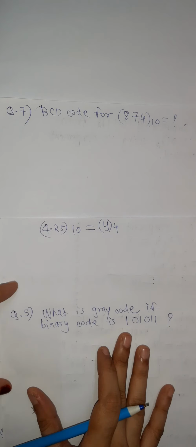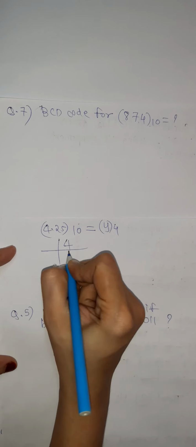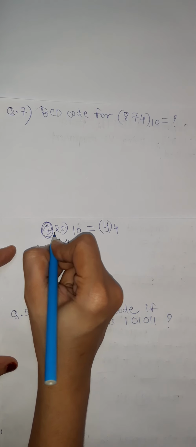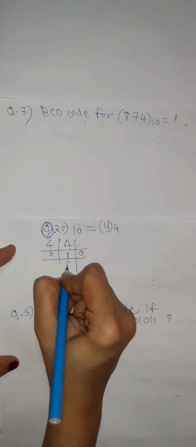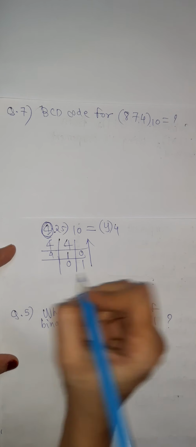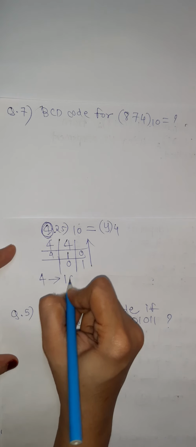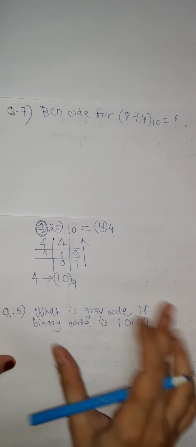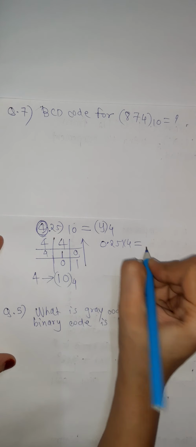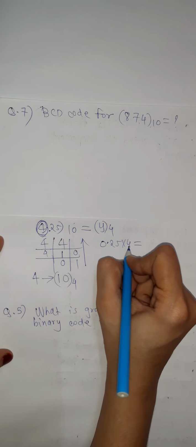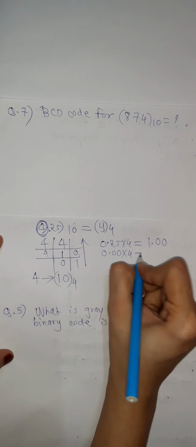To convert it into base 4, we will divide the whole number part by 4. 4 ones are 4, remainder 0. So 4 can be represented in base 4 as 10. And to convert 0.25 into base 4, we will multiply it by 4. 0.25 into 4 is 1 and 0.00 into 4 is 0.